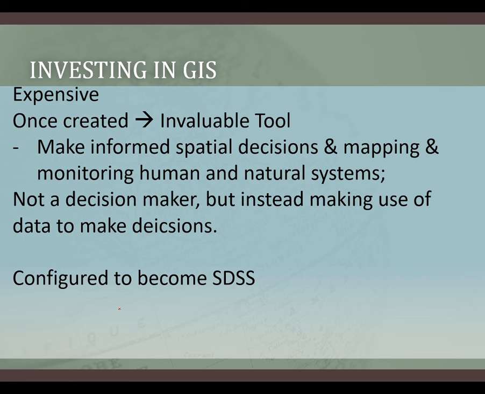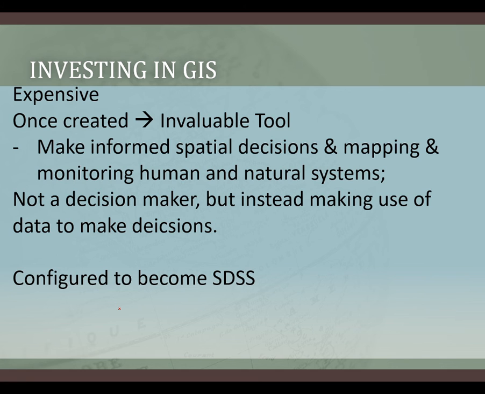Imagine you just put a store anywhere, it wasn't studied well, and then you lost money. GIS will help you know the people around who are going to use your product. This will help you know where to put your product or your business. It's a very important tool, and you're not the decision maker; instead, we're making use of data to make decisions.